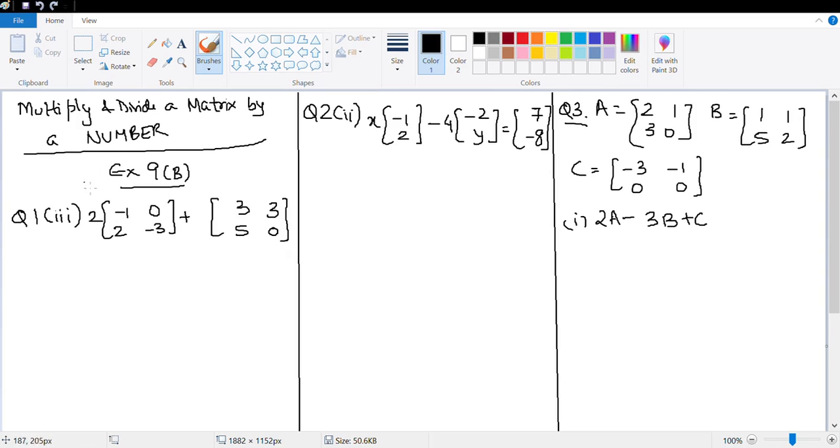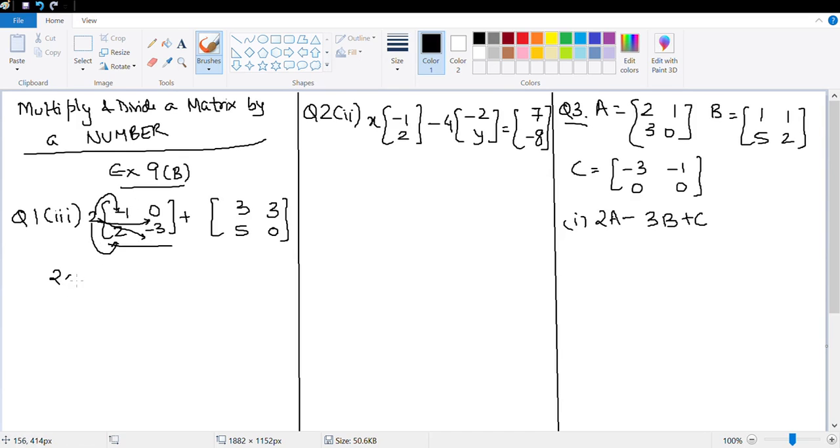So I am looking at question number 1 part 3. It says evaluate. So I am multiplying this matrix with 2, which means I'll multiply each element with this number. I'll multiply 2 with all elements.